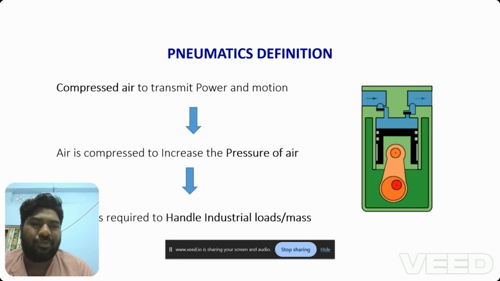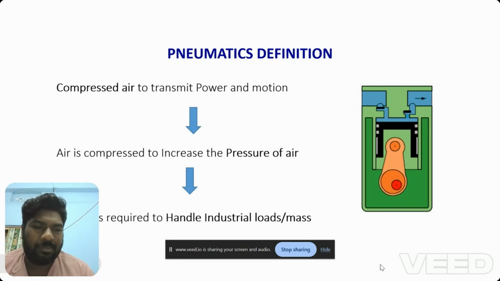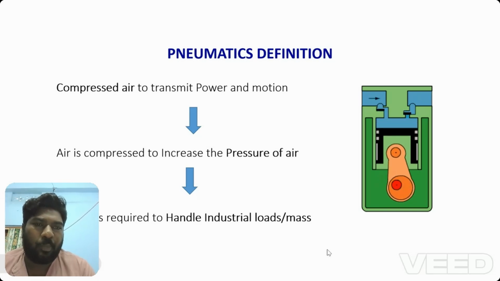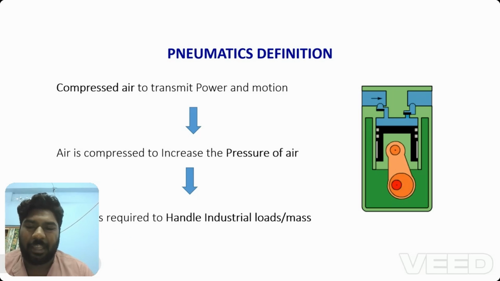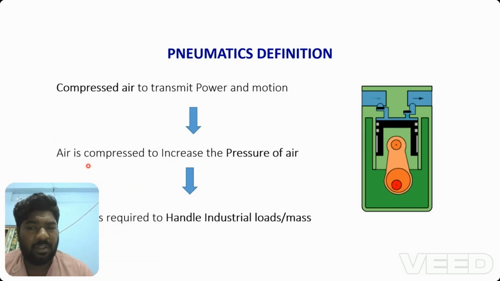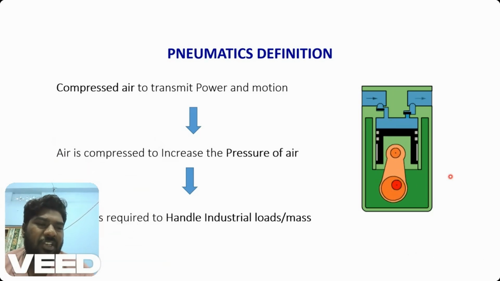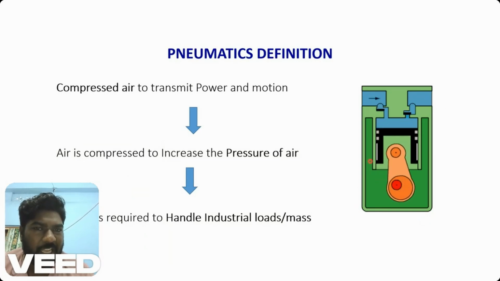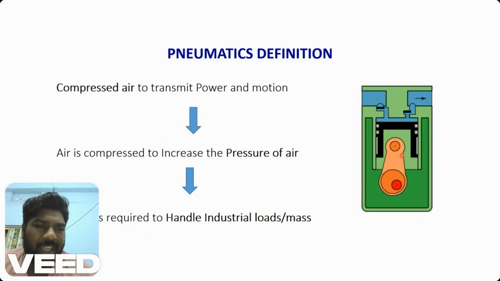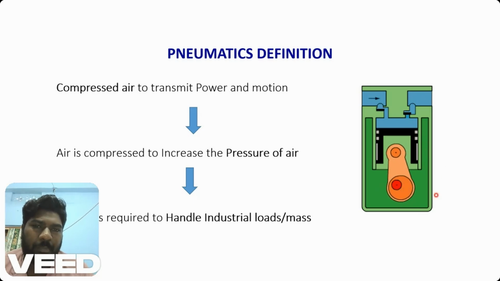For compression of air, as we know, we generally use compressors. There are different types of air compressors available depending upon the amount of air that needs to be compressed. If you look at this animation, you can get an idea. This is called a reciprocating compressor, where an arm moves up and down and there is a chamber.